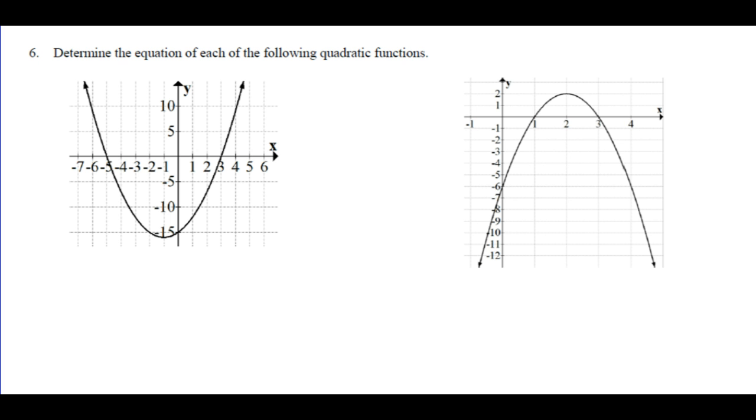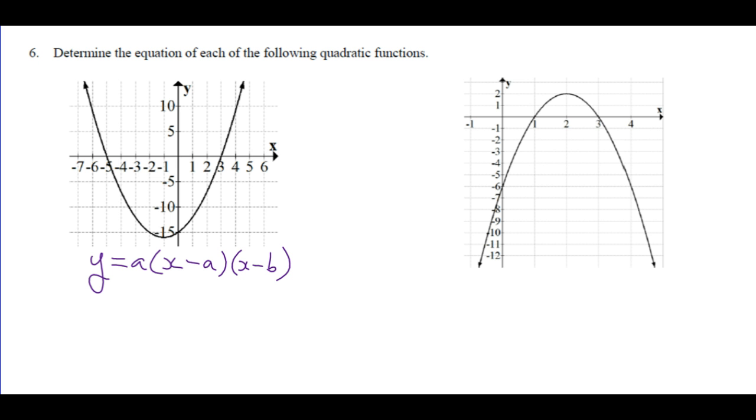We know that if I wrote this in factored form, it would look like this. Y is equal to some number, right? We don't necessarily know what that number is, but this thing could be stretched.